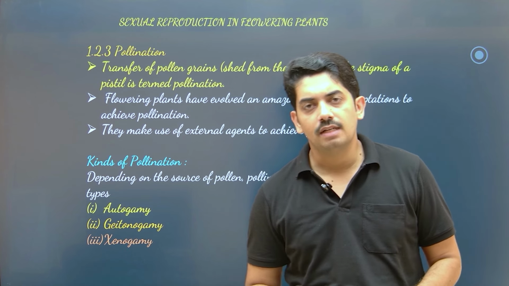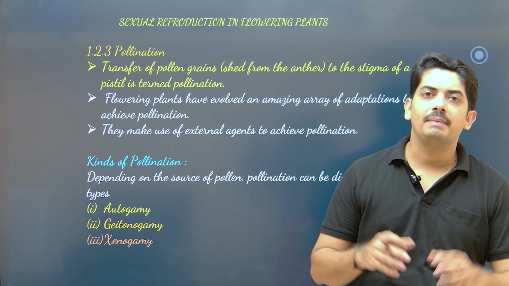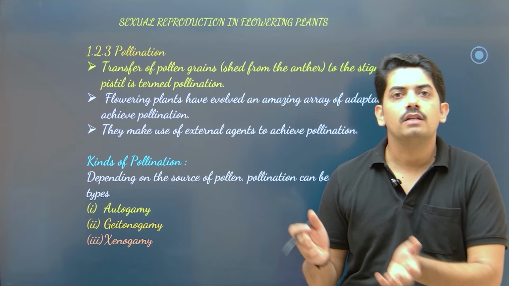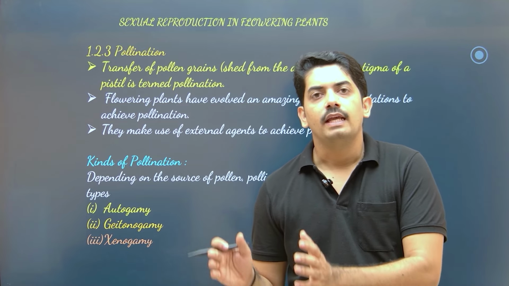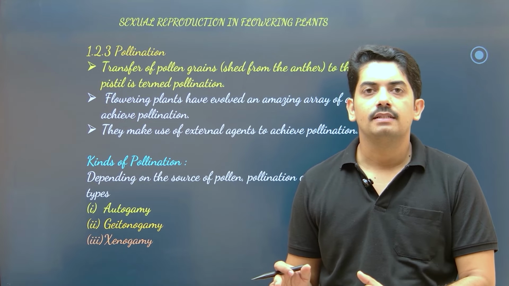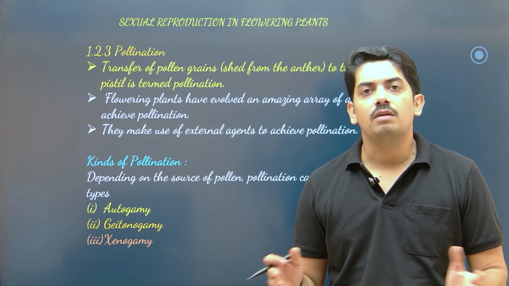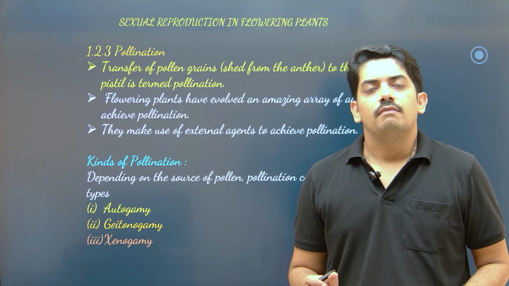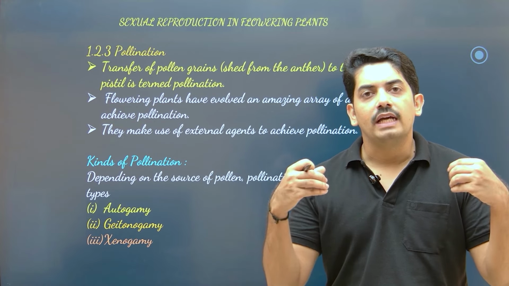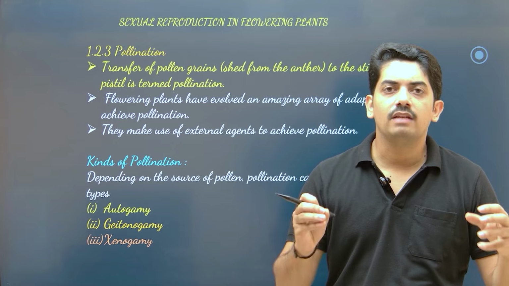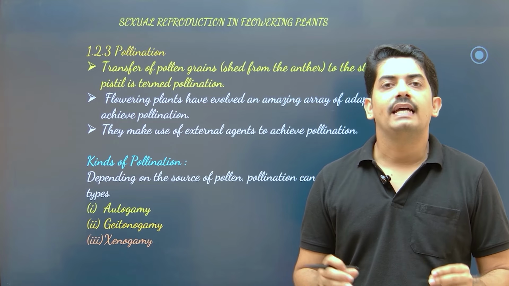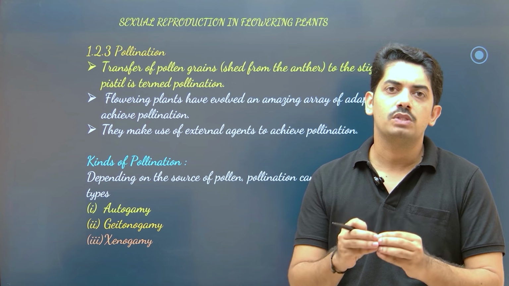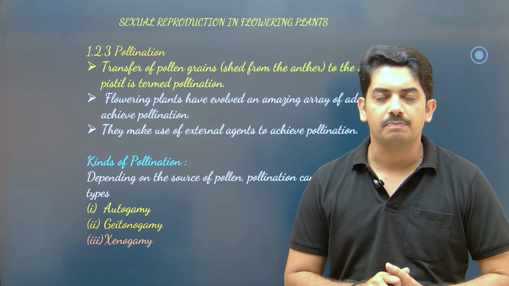Now the question comes, how are these 2 gametes fused? Because what we studied in lower classes is that in primitive plants, gametes are sometimes non-motile and sometimes motile. When they are released into the environment, like in a water medium, with the help of the current of water, these 2 gametes will fuse and fertilization will take place.